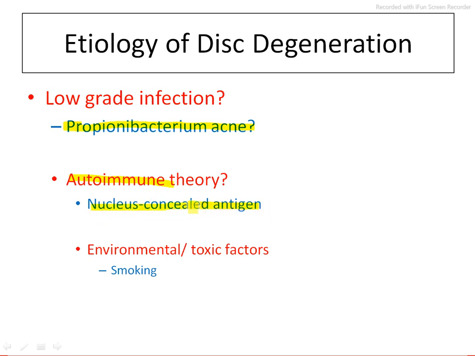When there is a degenerative process going on and the contents of the nucleus pulposus get released into the bloodstream, it sets in an autoimmune process, and this aggravates the disc degeneration. Another is smoking, which is toxic in nature and hampers nutrition by decreasing the vascularity of the end-plates.